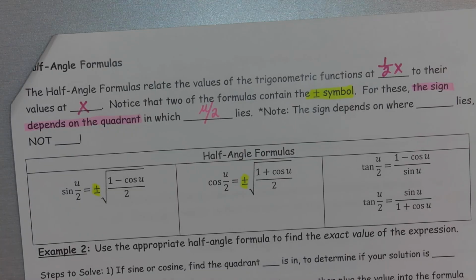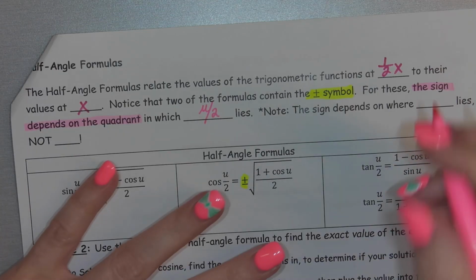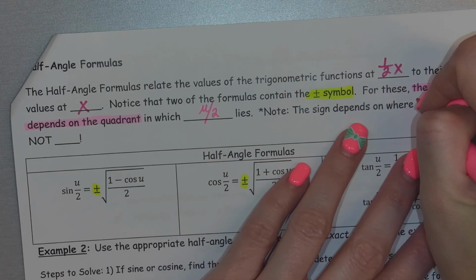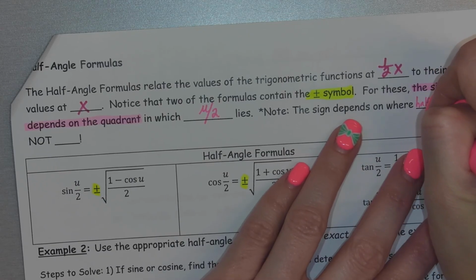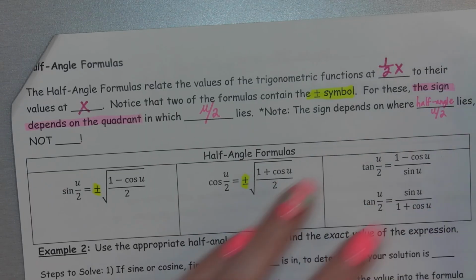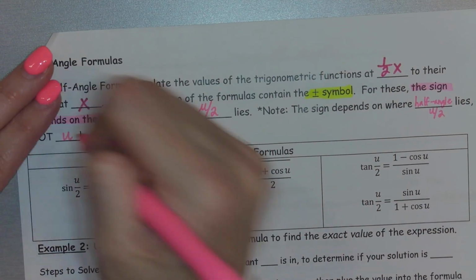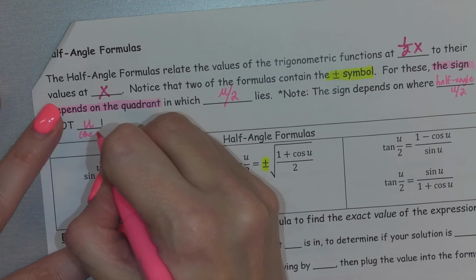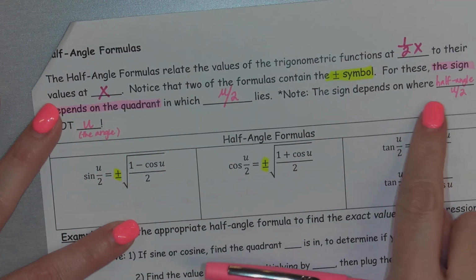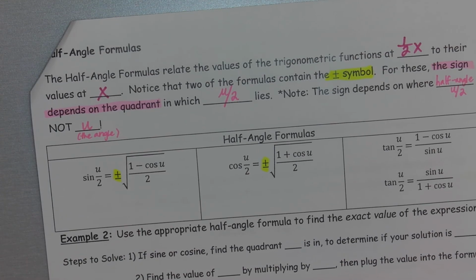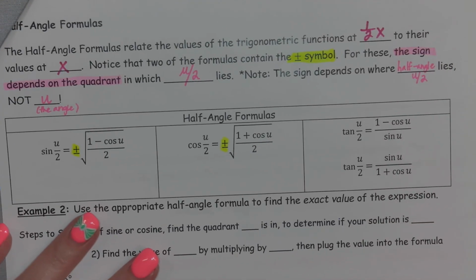Again, I just want to specify it depends on where the half angle lies and not the angle. So it's the half angle, not u. u over 2 is the half angle, u the angle, 2u the double angle.